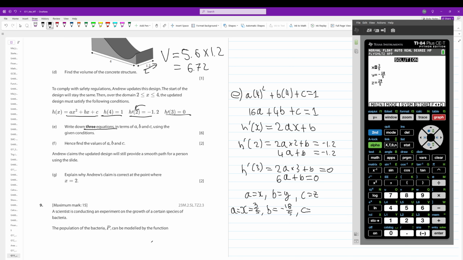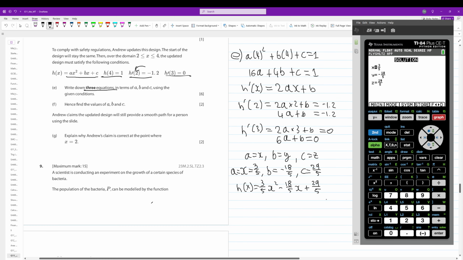And C is 29 over 5. Cool. Again, this gives us an equation that we can use. At minus 18 over 5x, add 29 out of 5.